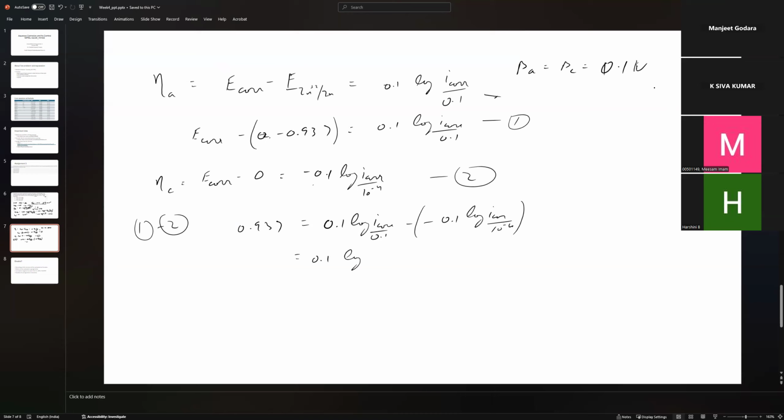If you add these two things, the sum of logs becomes a multiplication: I corr squared over 0.1 times 10 to the minus 4. Multiply both sides by 10, and we get 9.37 equals log of I corr squared plus log of 10 to the power 5.